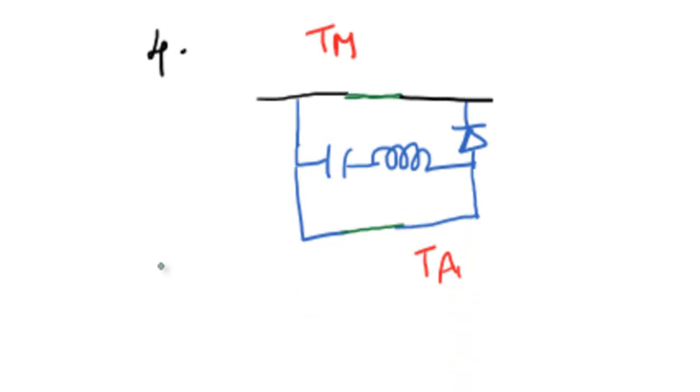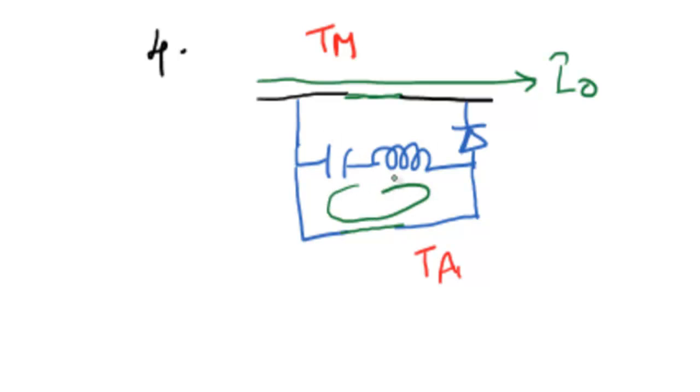In that case the current flowing through the main thyristor will be the same as I0, but the voltage across the capacitor will be 0, and the tank circuit reaches the maximum current. That means all the energy is transferred to the inductor. This generally happens at 90 degrees after turning on the auxiliary thyristor. So the current will be maximum, but the voltage across the capacitor will be 0.